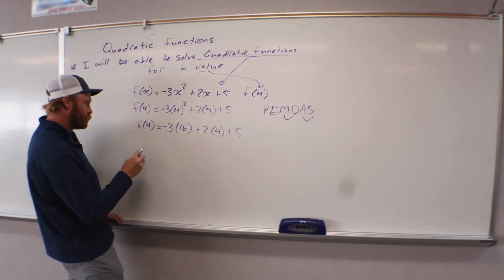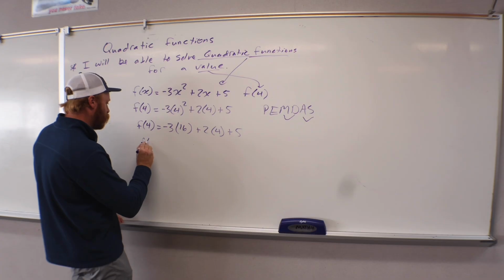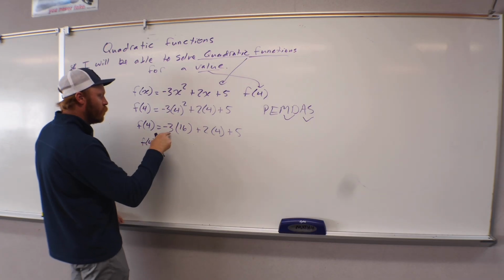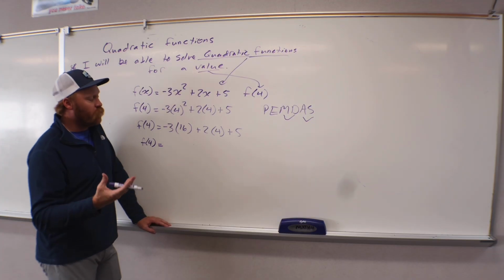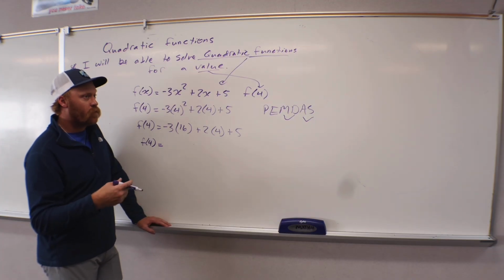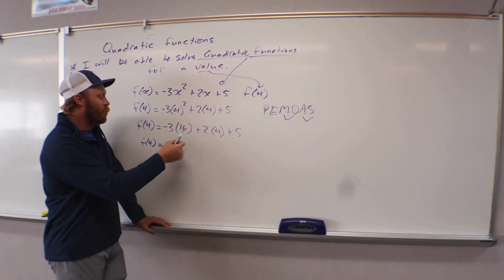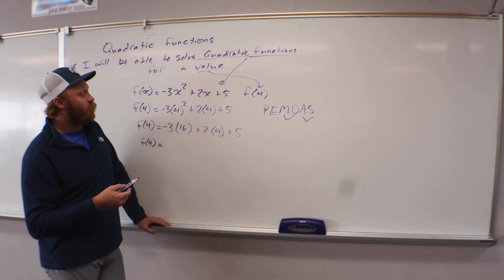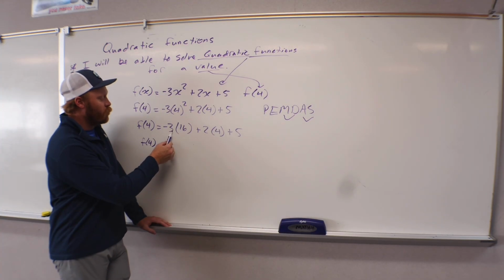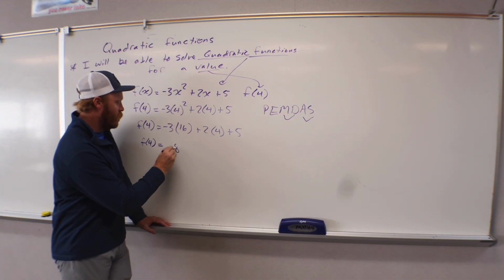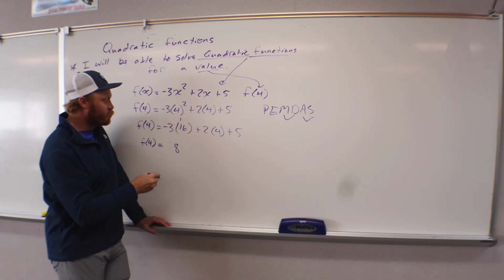Negative 3 times 16, so we're going to have f of 4 equals negative 3 times 16. One thing you might think of is 3 times 15, so 15, 30, 45, and then 3 times that 1 to get 3, to get the 48. You can go the other direction with it, 3 times 6, and think 18, carry the 1.